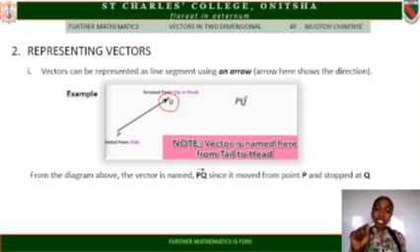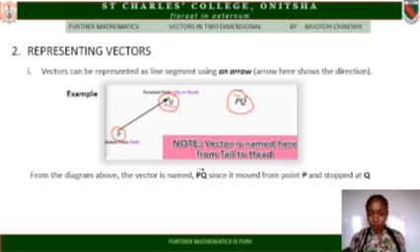It has the tail, and from what we have here, the tail there is P, and it has the head. The head there is Q. And with this P and Q, the vector is named vector PQ, because with this naming, it means that it started the movement from P and ended at Q. That is the first arrangement.